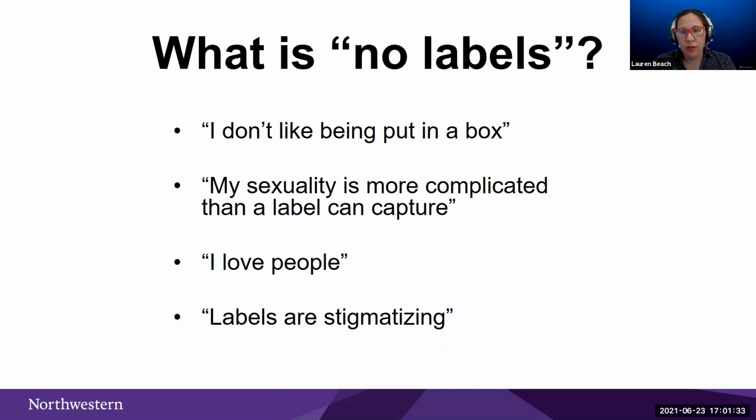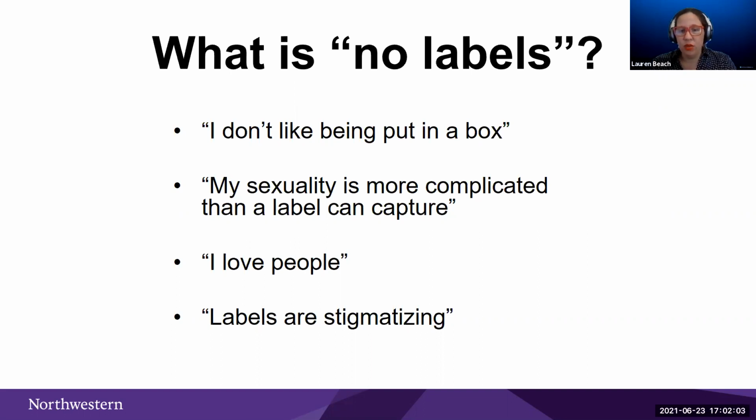There are also people who refuse labels for sexual orientation, and they might say things like, I don't like being put in a box. My sexuality is more complicated than a label can capture. Even the conversation we had earlier about one word meaning everything. What? No. So that's part of it. You might hear people say some folks find labels stigmatizing, usually in the context of feeling they're being put in a box.